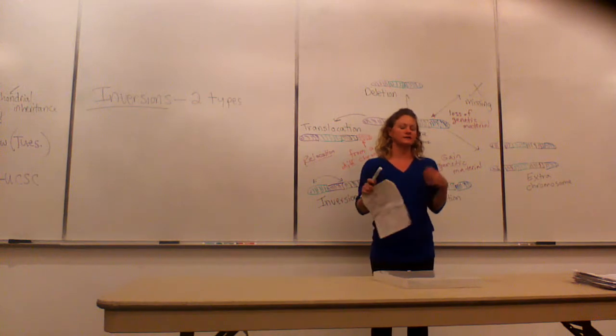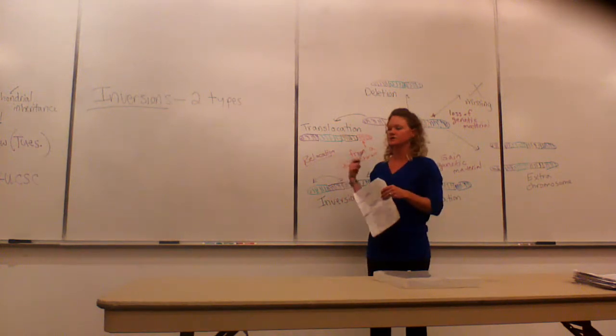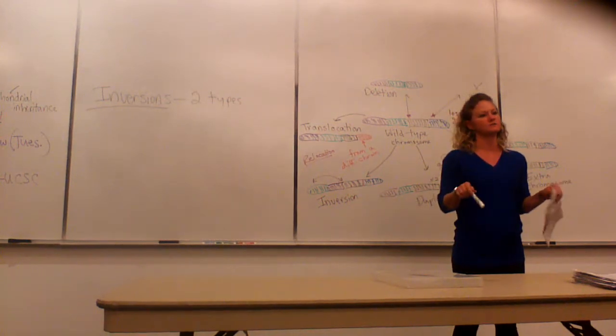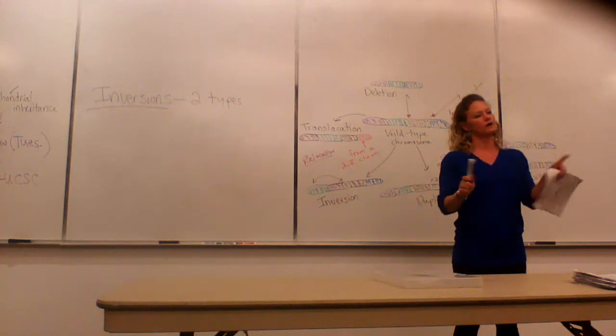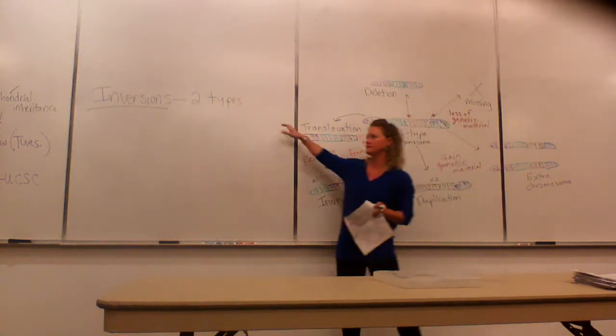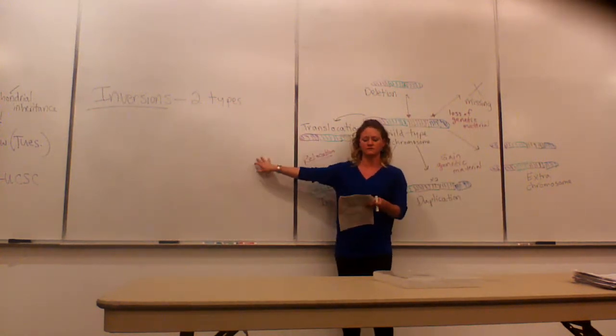The reason this terminology comes into play is that it's based on cytologists, people looking at chromosomes in cells, and they could see across the centromere. If you're looking on a microscope, you could see these changes. So that's why they've been categorized into these two different types.